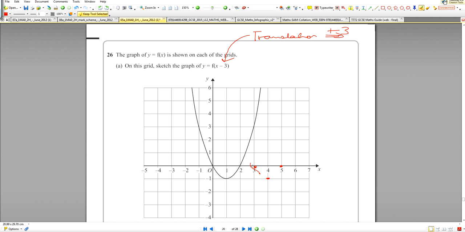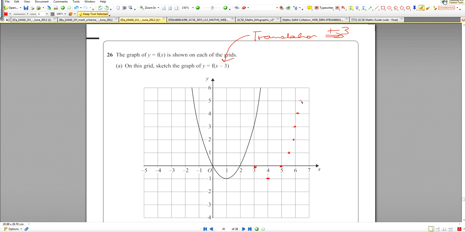Okay, I think I'm just going to take the plotting of the points. Now, this one here goes 3 across. So we have 1, 2, 3. This point goes 3 across, 1, 2, 3. This one goes 3 across, that goes there. This one goes 3 across, so that goes there.